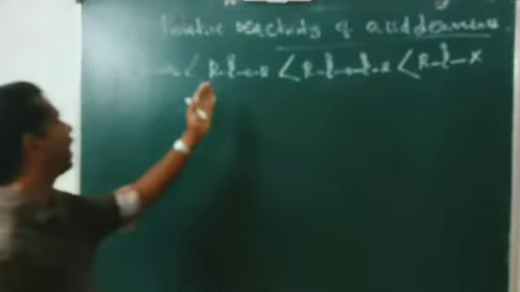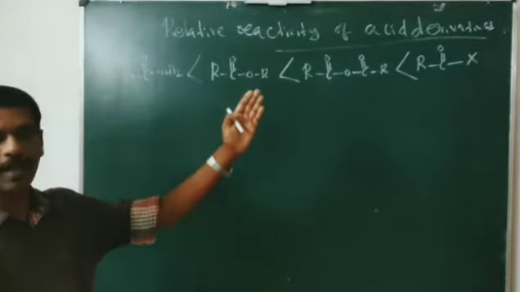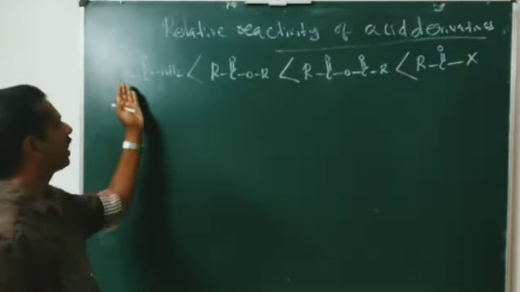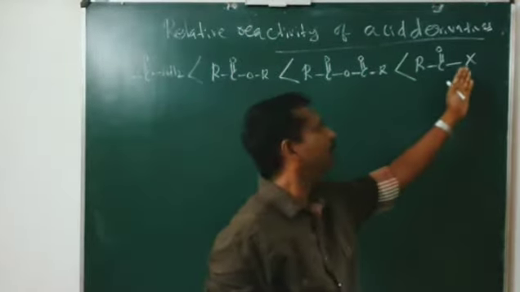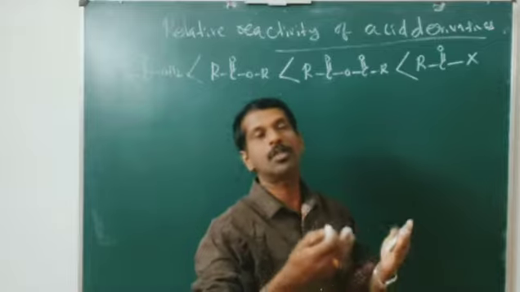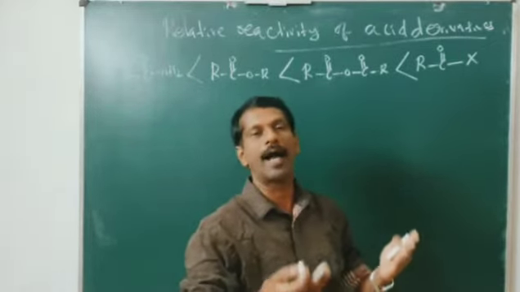This is the order of relative reactivity of acid derivatives. RCONH2 is least reactive, and RCOX is the most reactive acid derivative.